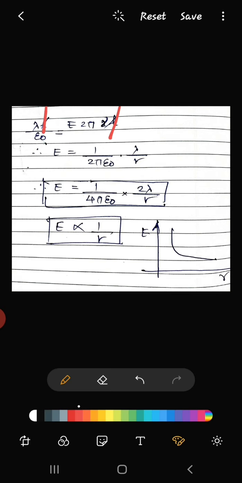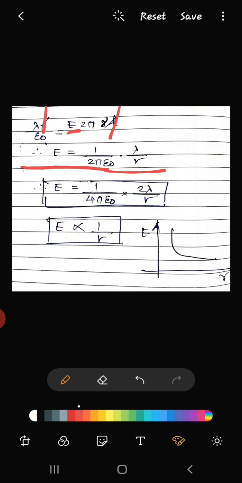So E is equal to 1 upon 2 pi epsilon naught times lambda upon R.